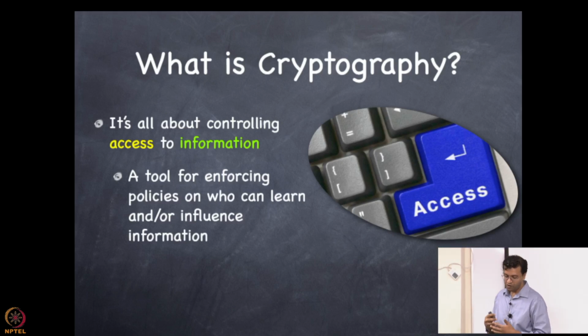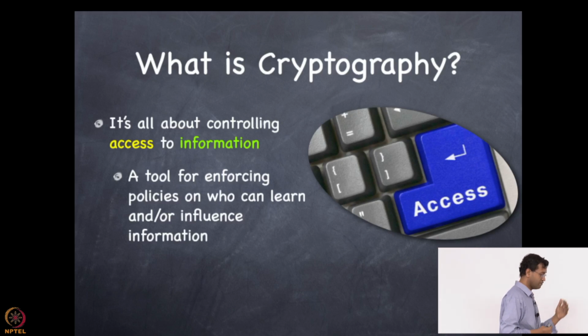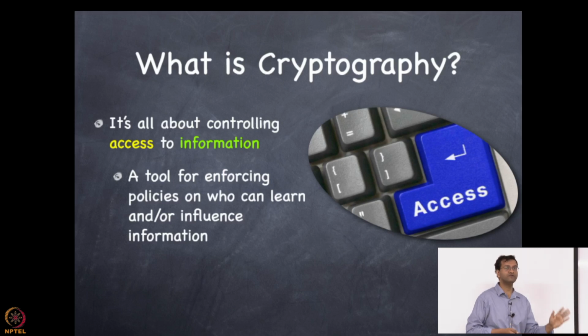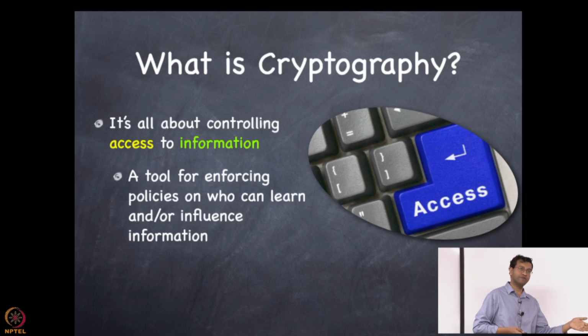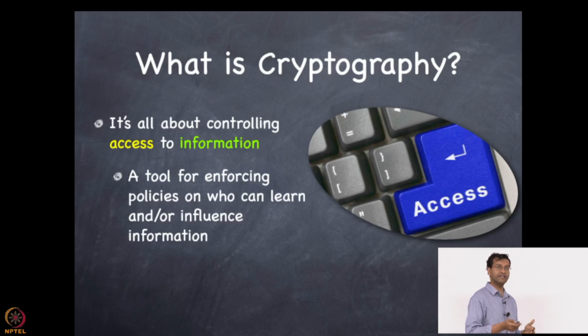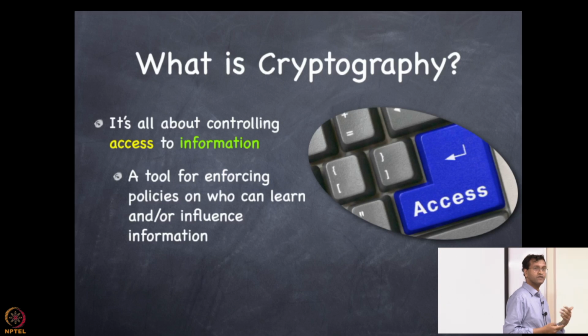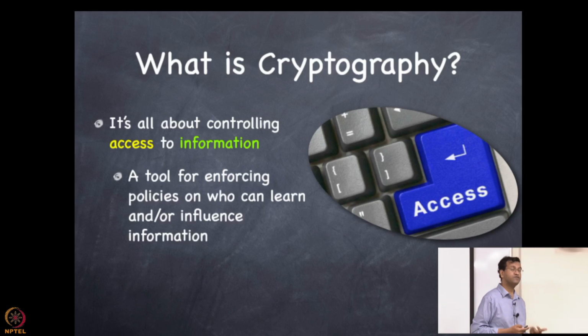This is often called the integrity aspect of information security. So cryptography tries to give you tools to enforce confidentiality and integrity policies, or more generally policies on who can have what kind of access to information.